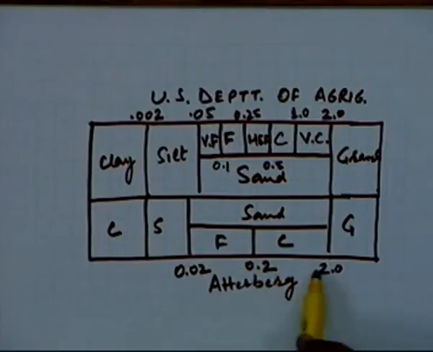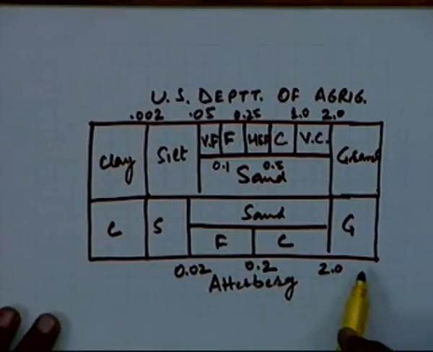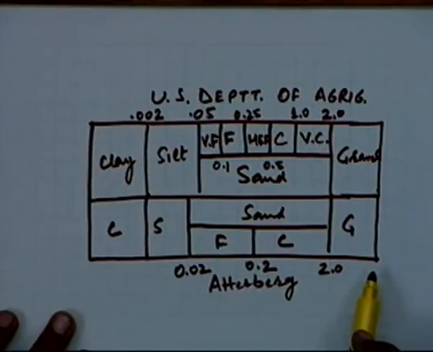And the demarcation between fine sand and coarse sand was the size of 0.2 millimeters. Now this is a more simple classification.